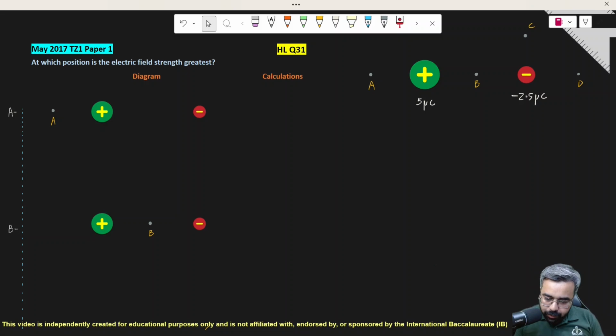So when I draw a vector due to this positive charge, I must draw an arrow that represents the electric field strength vector away from it. And since this is a negative charge, its electric field strength should be towards it, right? So obviously you see that the two vectors are in opposite directions. That gives us the least possibility that it may have a maximum field strength. So it should not be A.